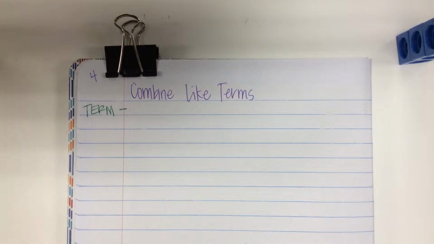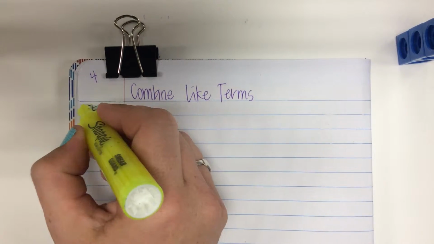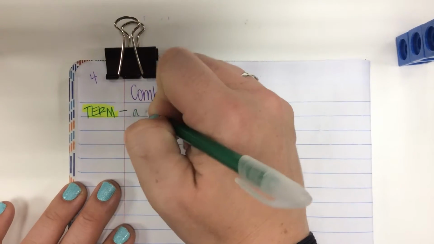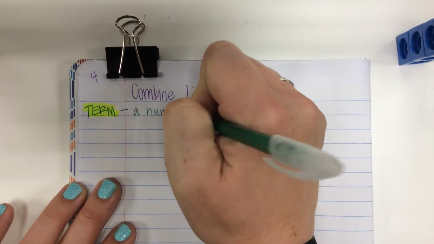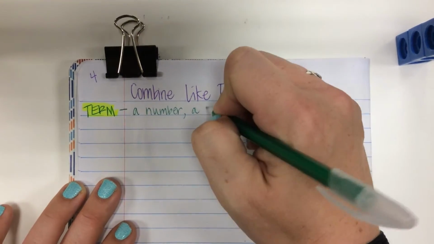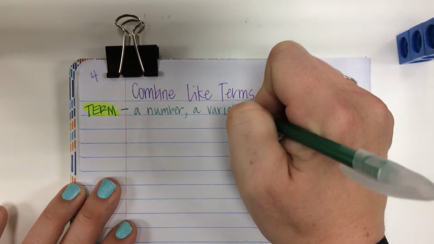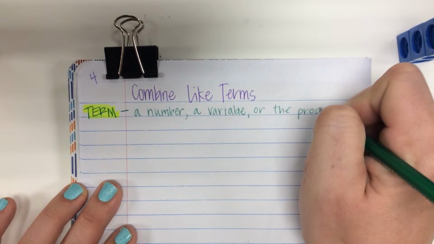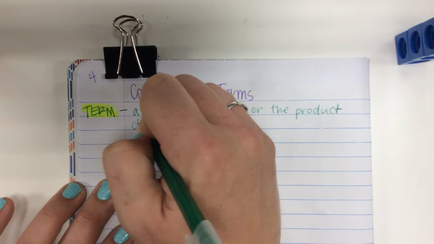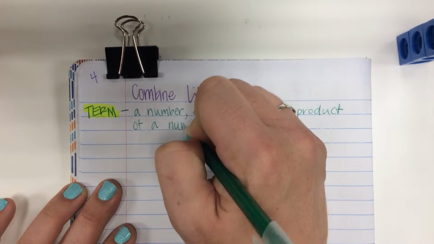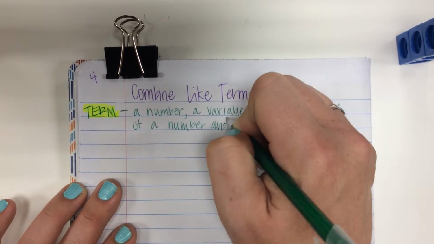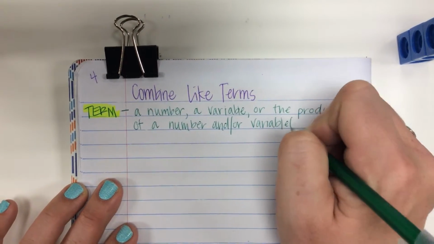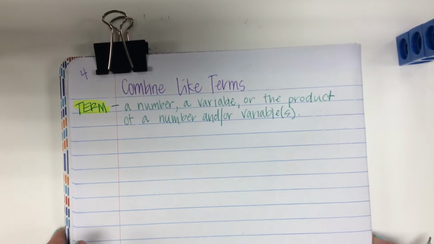So a term, T-E-R-M, a term is a number, a variable, or the product of a number and/or variable, or variables plural.